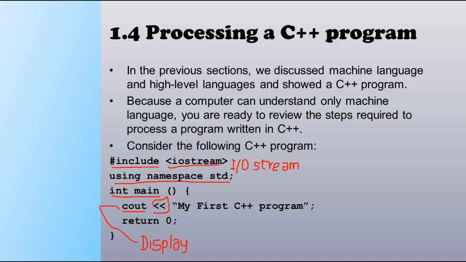And this is a bitwise shift used as the insertion operator. This is my first C++ program, and the statement at the end must be ended with a semicolon. If you don't end the statement with a semicolon, it may lead to a syntax error.